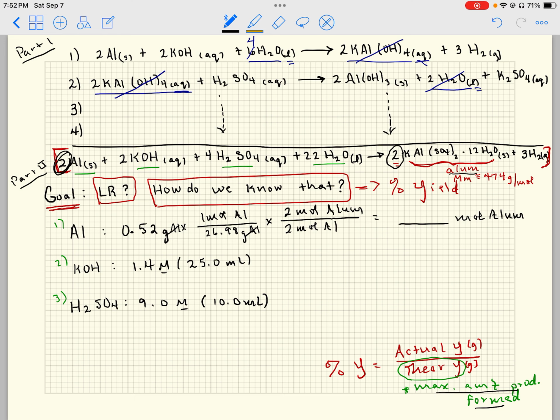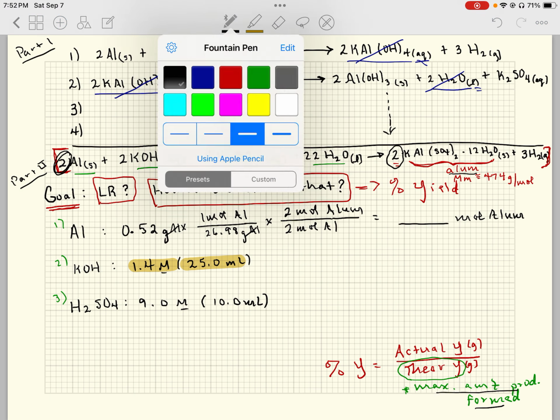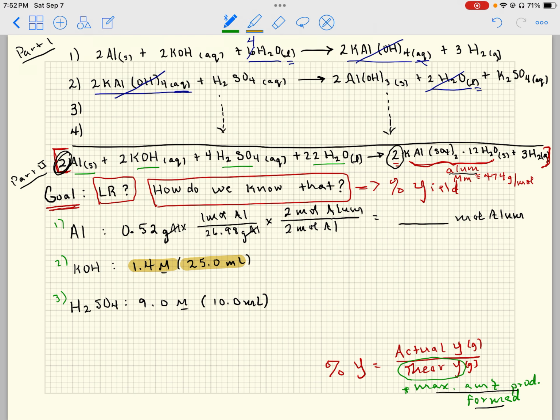But what you'll notice here is I've got potassium hydroxide in terms of molarity, and I've got a volume for it. And if you'll recall from class, molarity is actually moles per liter. So I've got 1.4 moles of potassium hydroxide per liter of solution.